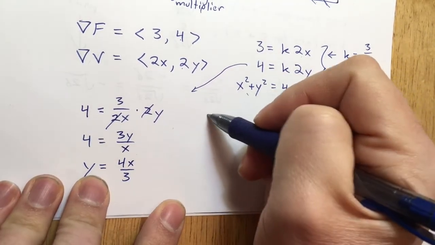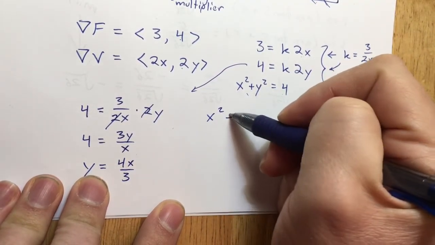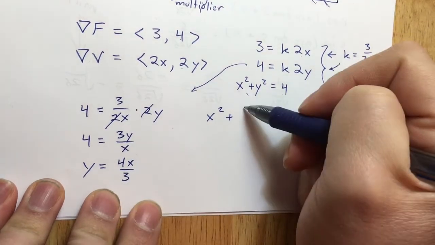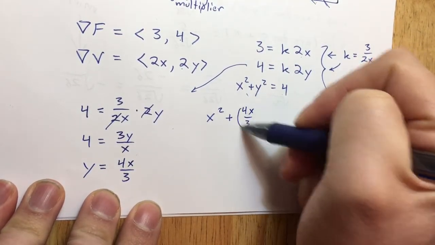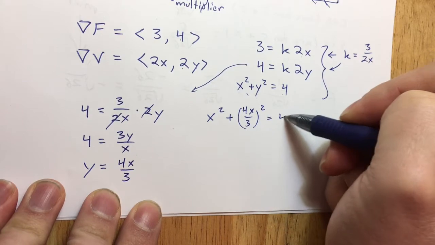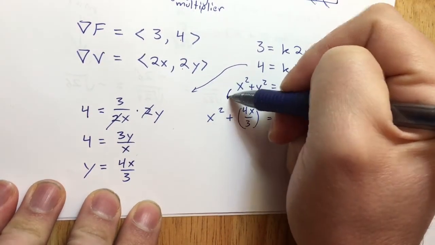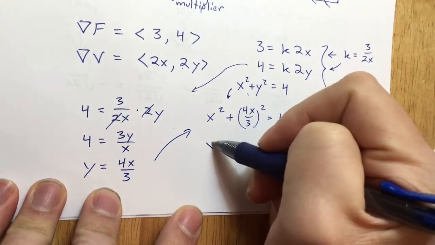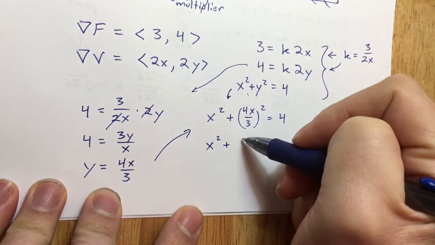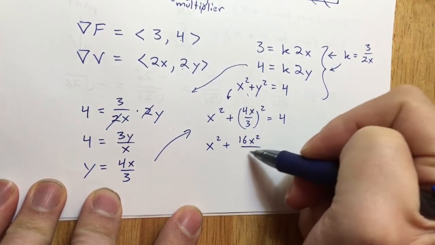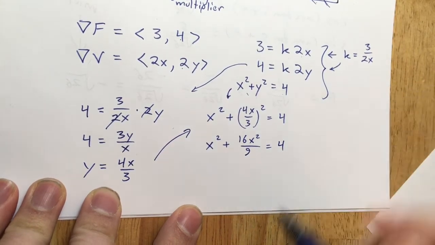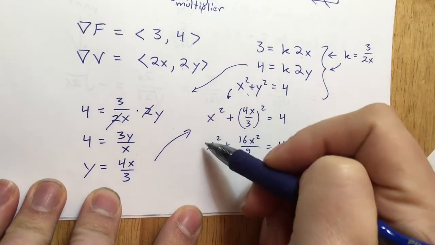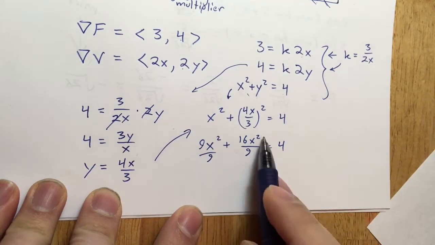All right, so I get x squared plus, well, y squared is this, 4x over 3 squared, equals 4. That's just this equation, using that. x squared plus 16x squared over 9 equals 4. Well, let's get a common denominator. This is the same as 9x squared over 9.